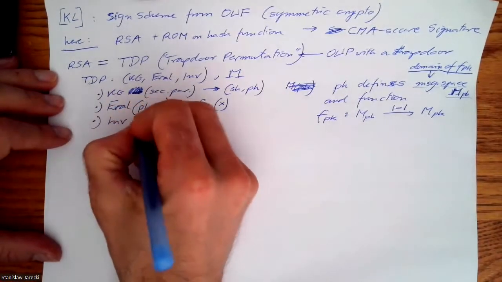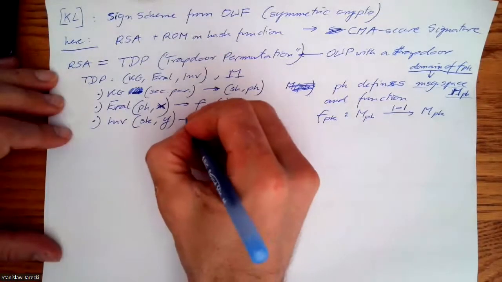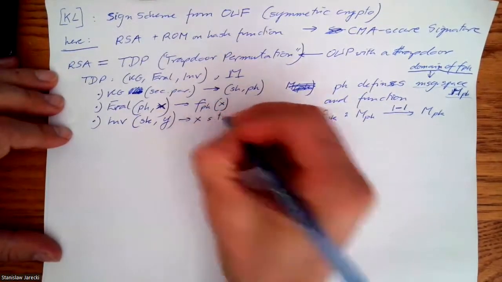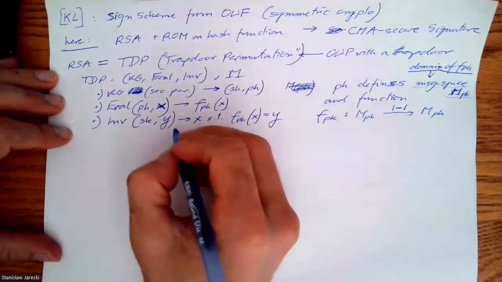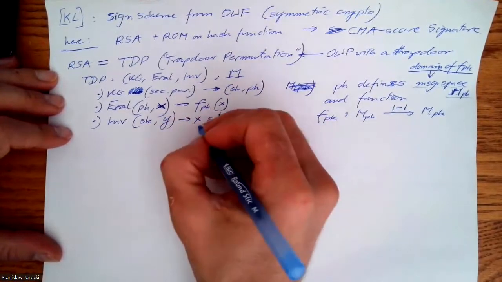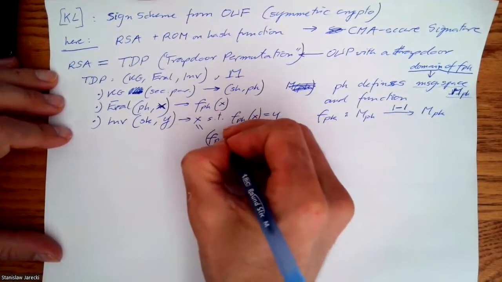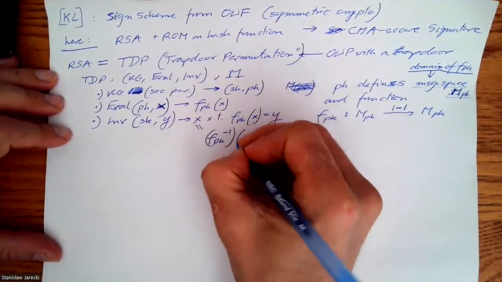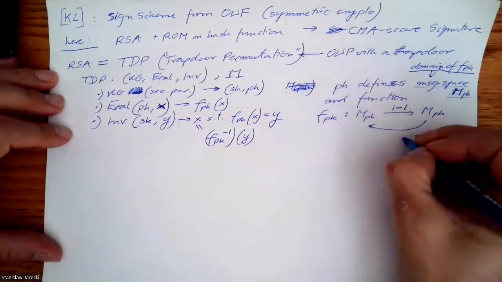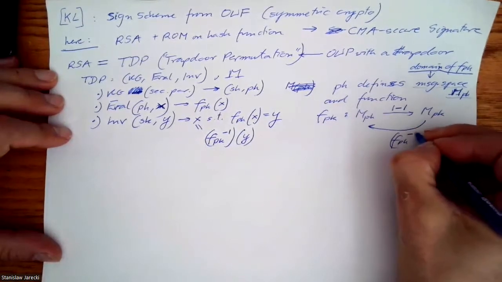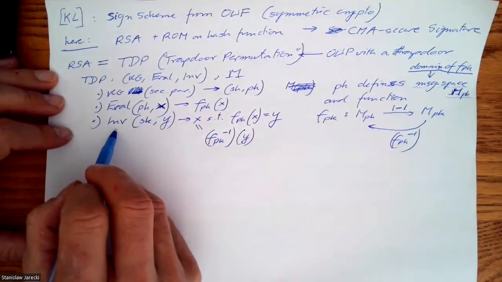Invert has the secret key and a value of the function, and outputs X such that the function on X is Y. In other words, X is the inverse of this function applied to Y. So this function is an inverse of F_PK, and that's what the inversion algorithm computes.